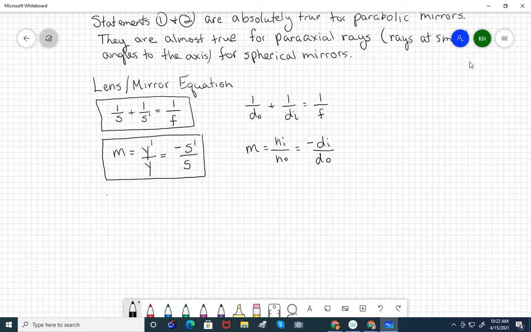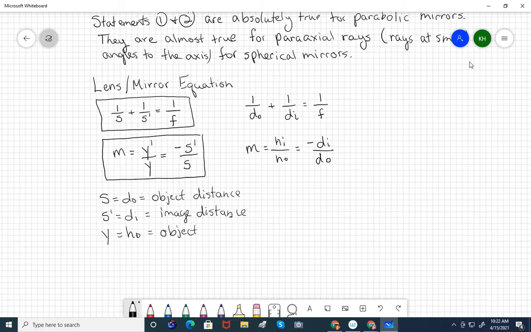Let's quick review. S is equal to DO, object distance. S prime equals DI, that's image distance. Y equals HO, that's object height. Y prime equals HI, that's image height.